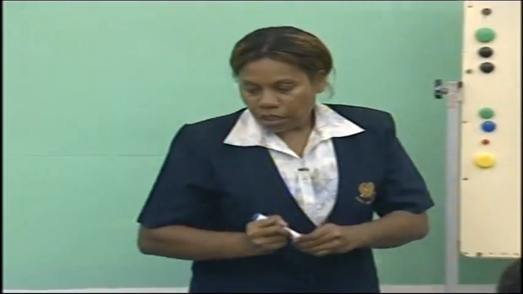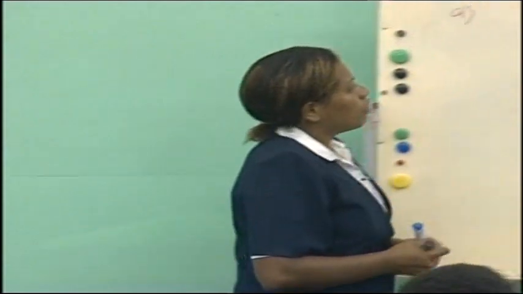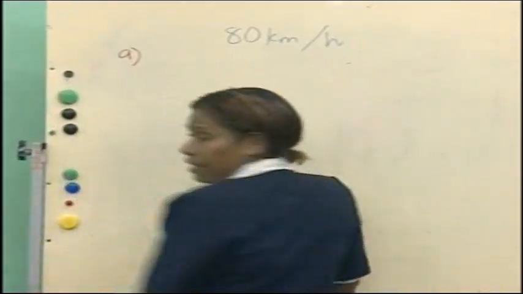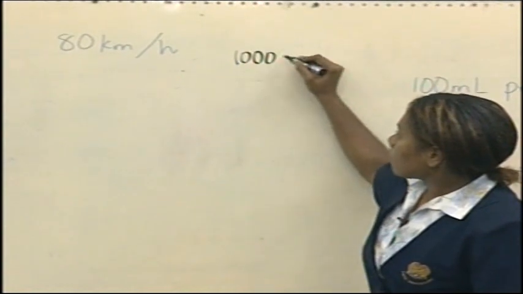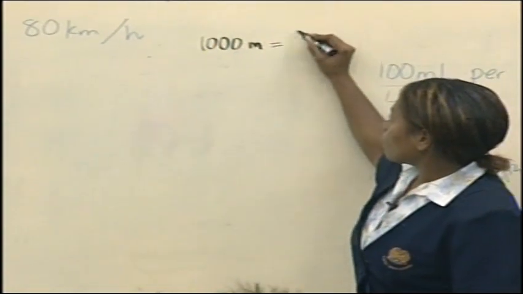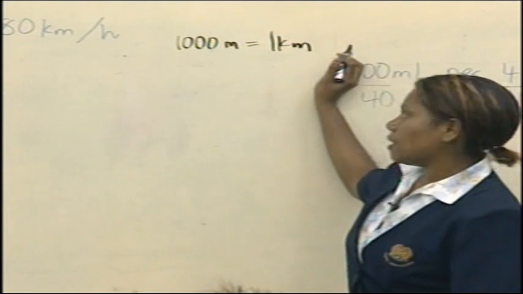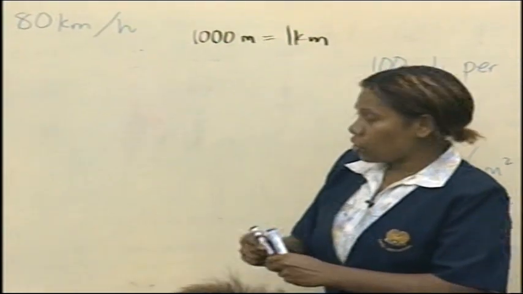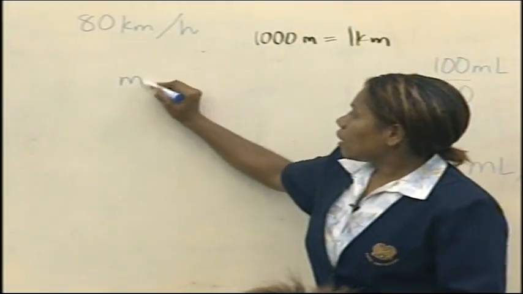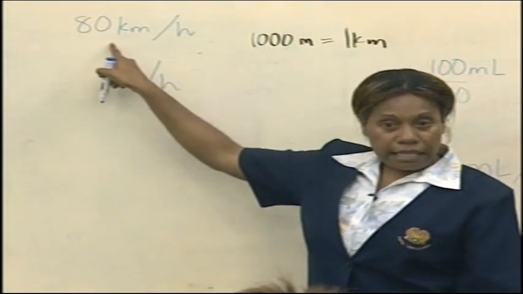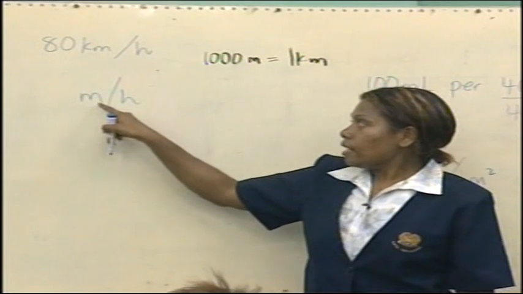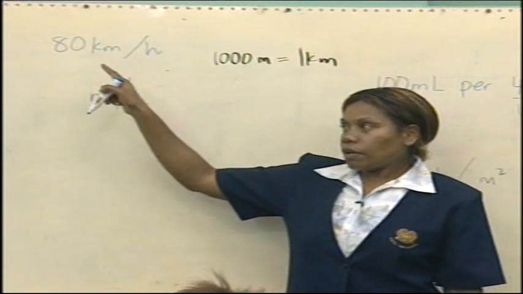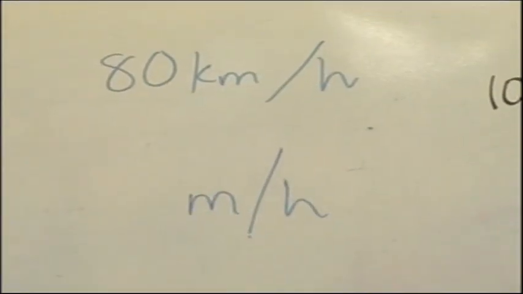All right, good. Firstly, you must know your conversions. 1,000 meters is equal to 1 kilometer. Now we are going to change 80 kilometers into meters. I gave you a hint on the other side.